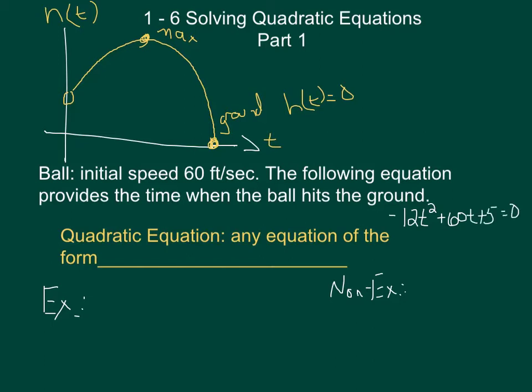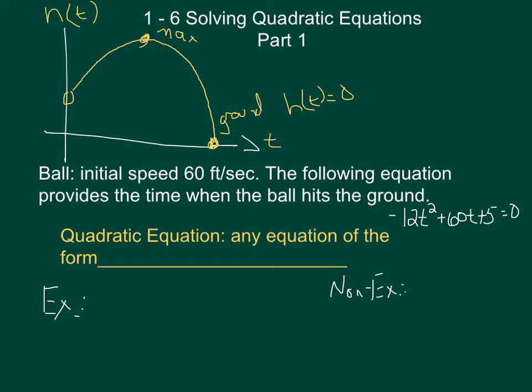That 5 there is its starting height. Because the highest power that you see is t squared, that means this is a quadratic equation. So instead of 1 zero, you would get 2 zeros. Now sometimes the zeros aren't always practical.